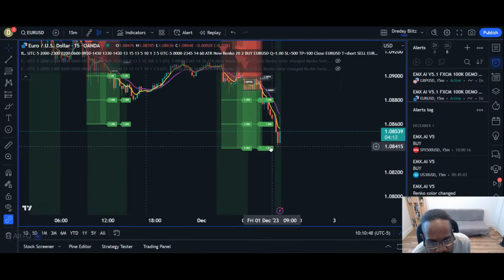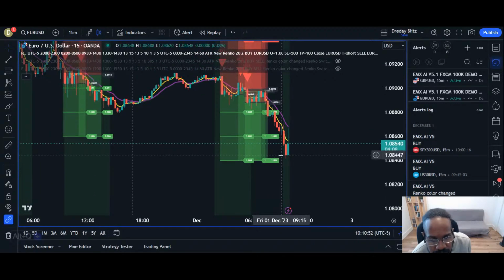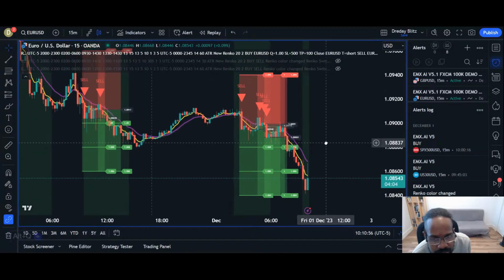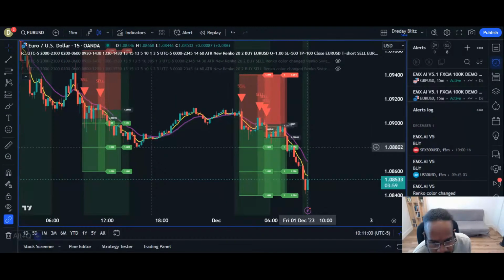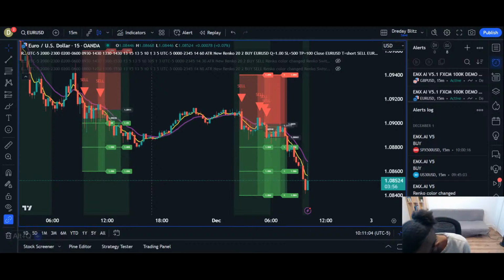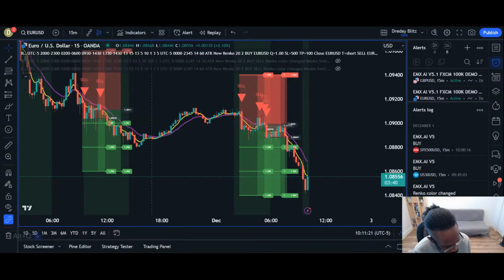Yeah, it went almost to TP3, but still pushing. Still pushing, still pushing.